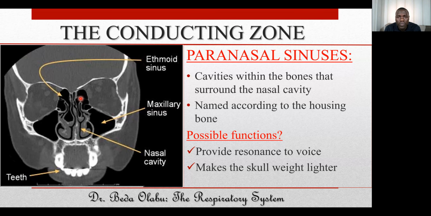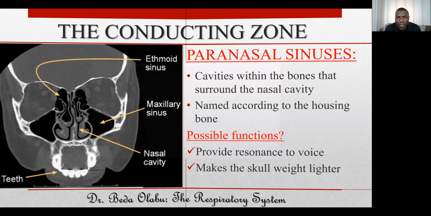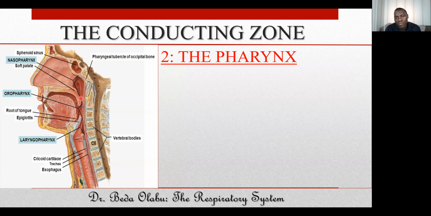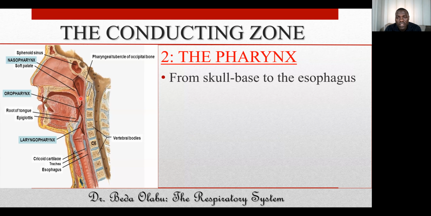Okay, after the nasal cavity, air moves to the pharynx. So the pharynx is the second component of the conducting zone we are talking about. When air moves from the nasal cavity, it goes to the pharynx. The pharynx extends from the base of the skull here to the upper part of the esophagus there. So this region is what we are calling the pharynx.